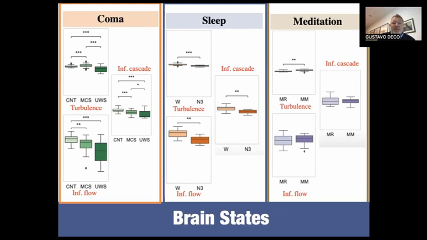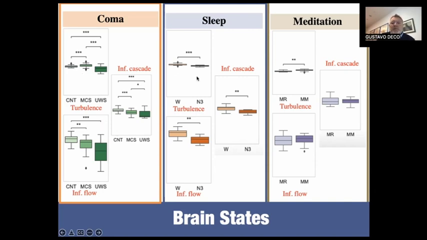Just to finish, let me give you an idea that this concept of generalized local metastability, or turbulence, could be used as a biomarker in order to study the dynamics of the system. For example, this is just a very particular example for distinguishing different brain states. What you see here is the different level of turbulence and different information theoretical concepts that can be defined according to the basic concept of turbulence that I am not describing now in the interest of time.